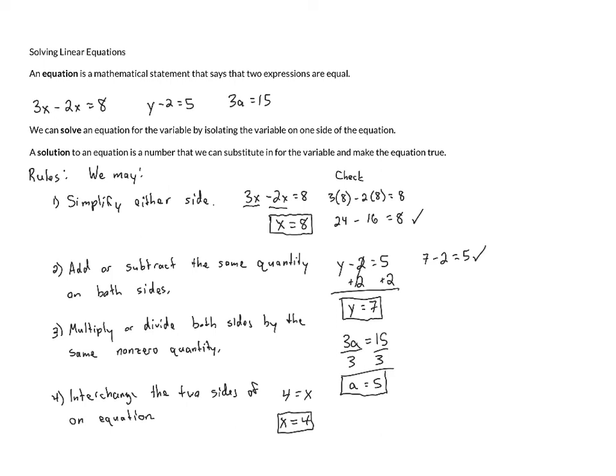You don't have to rewrite it. It's perfectly fine to leave an equation as 4 equals x, but we want to have a list of things that we're allowed to do, and this is something that we're allowed to do, so we want to put it on the list. So we can switch both sides if we want.